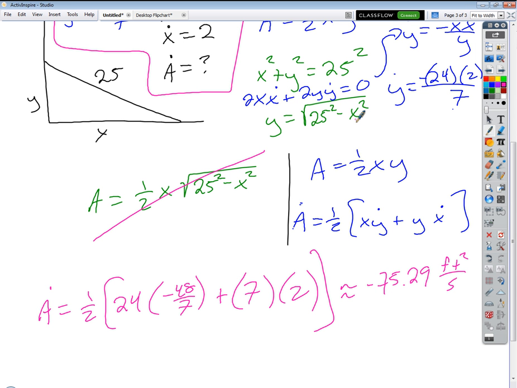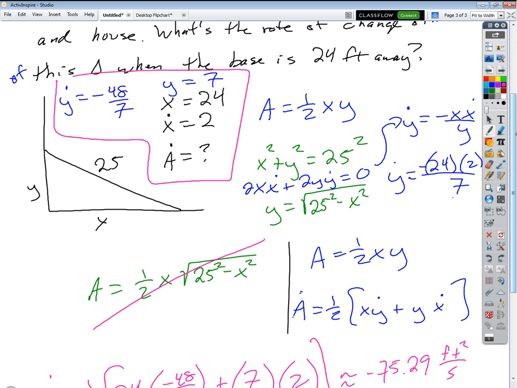So we abandoned the green approach, and what we did instead, we decided that it was easier to just add some extra information to our snapshot variables and differentiate with the x and the y intact, rather than have to solve for y in terms of x and differentiate. If we had done the green technique, we would have ended up with an ugly derivative with only x's and x dots. That would have been the advantage, but it's not much of an advantage. Those are pretty easy to find, so we just found the other one.